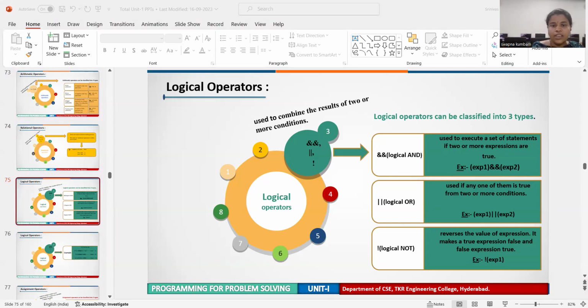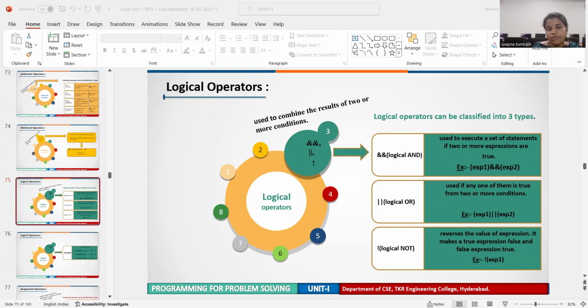So if I am taking a value as A is equal to 4 and B is equal to 6, and next C value is 8, next D value is also equal to 8.